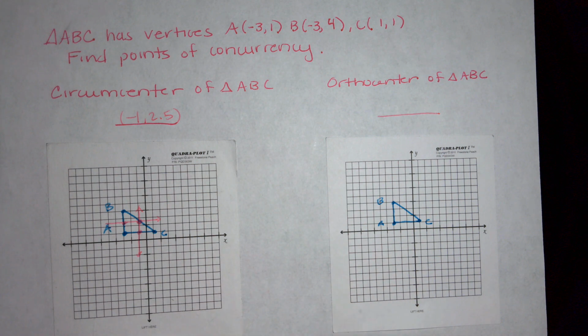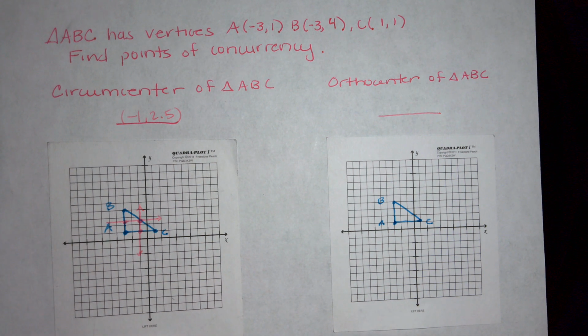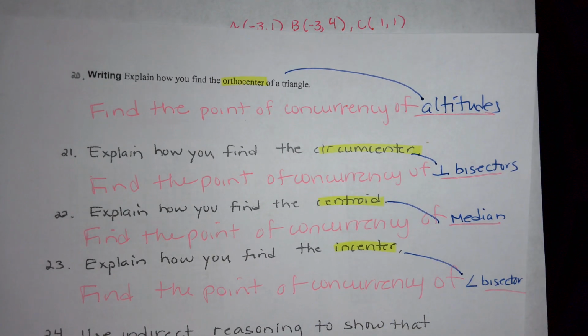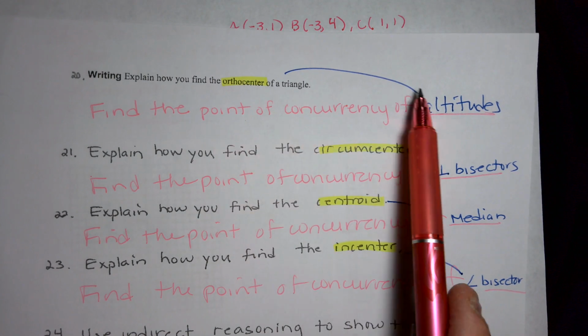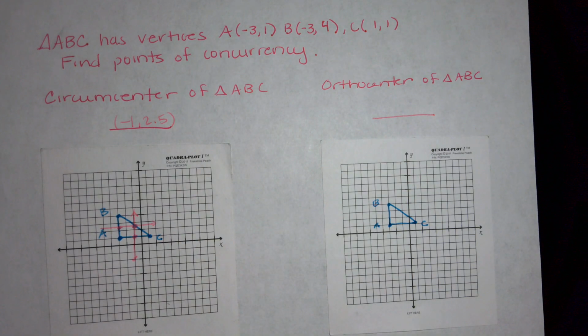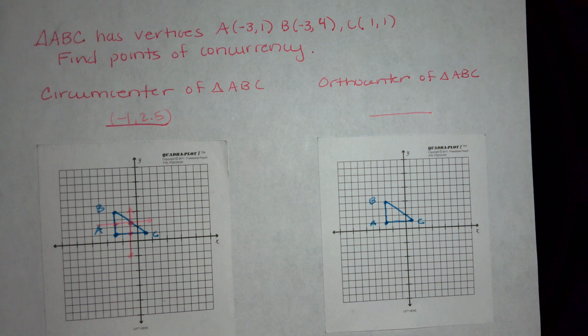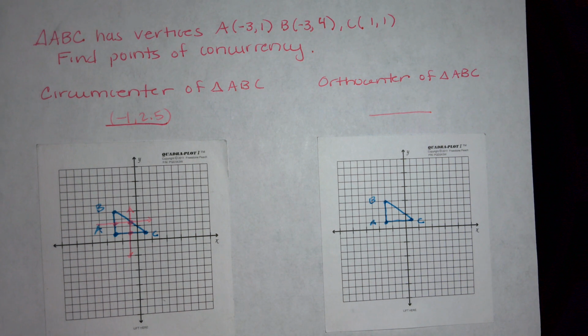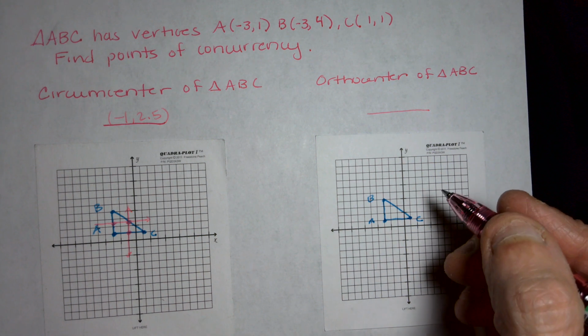Hopefully you did the orthocenter, and hopefully you did that one right. For the orthocenter, that's why I want you to study these: altitudes. So we need the altitudes of each. What were altitudes again? Altitudes were perpendicular to the side from a vertex.